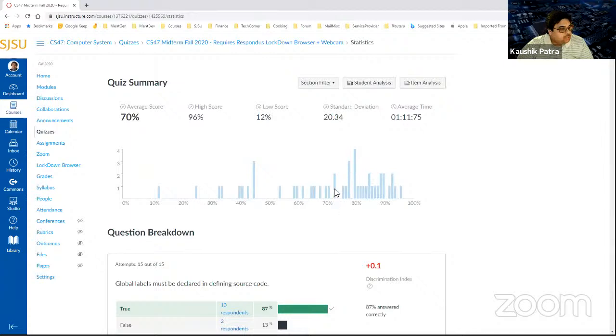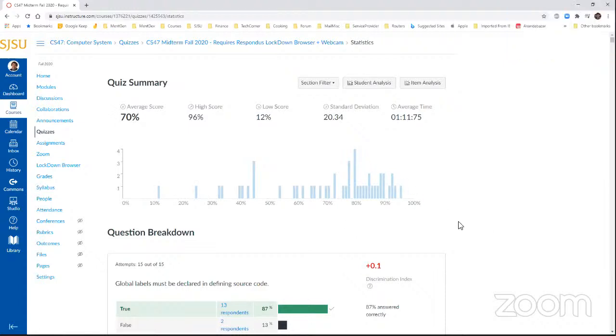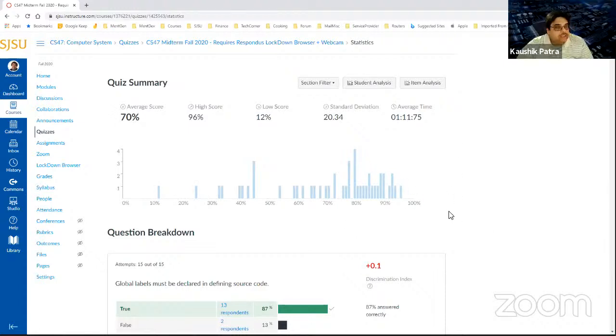But some people are also falling behind, which is worrisome, and that's what brought the average down to 70%. I will try to publish it within 2-3 days. And your average response time for this quiz is about 1 hour 11 minutes for every question. So that's not a worrisome issue there.